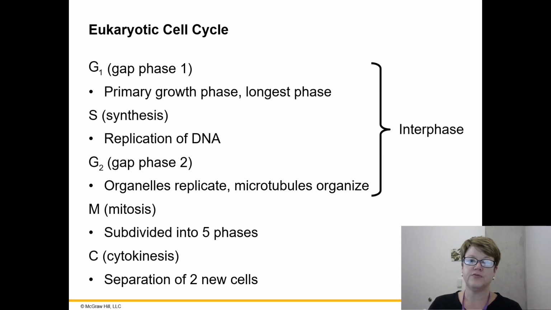If you started off with 46 monad chromosomes, by the end of S phase each of those has replicated, so they now consist of two sister chromatids, connected together. We call the whole structure a dyad. So 46 monads became 46 dyads.